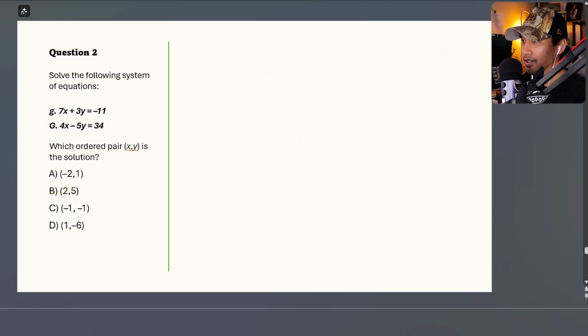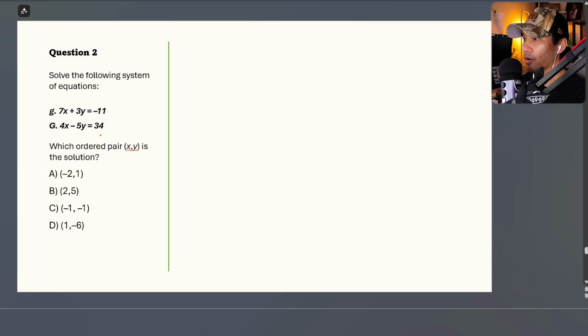Okay, so question 2. We have to solve the following system of equations, and we have little g and big G: 7x plus 3y equals negative 11, and 4x minus 5y equaling 34. For this one, the best method, again, is going to be elimination.